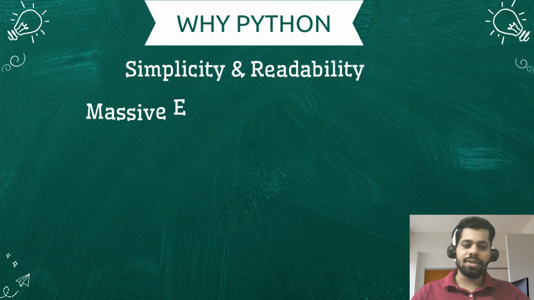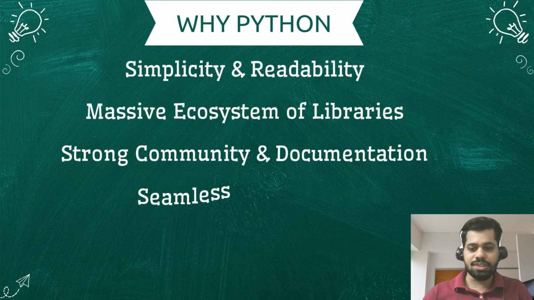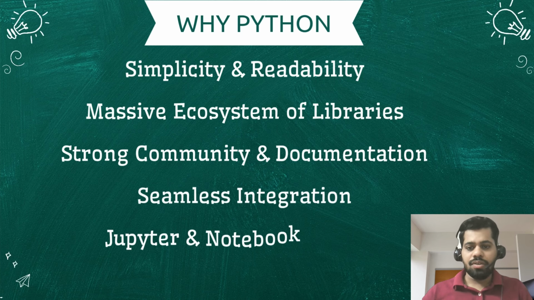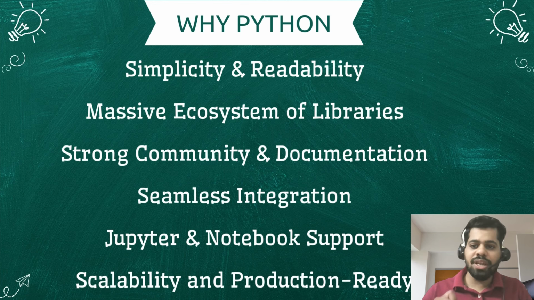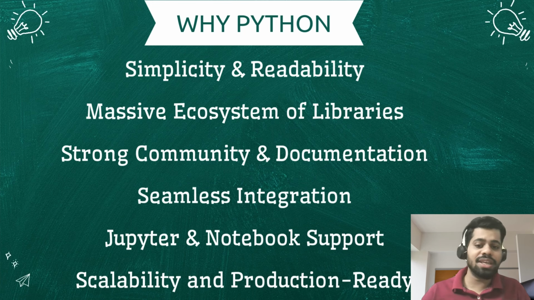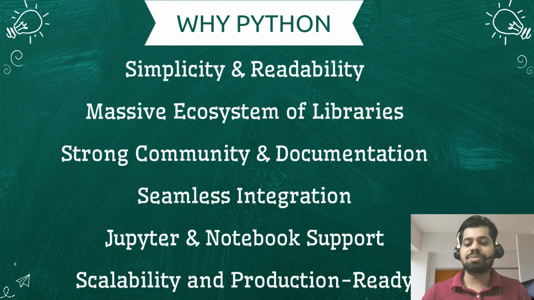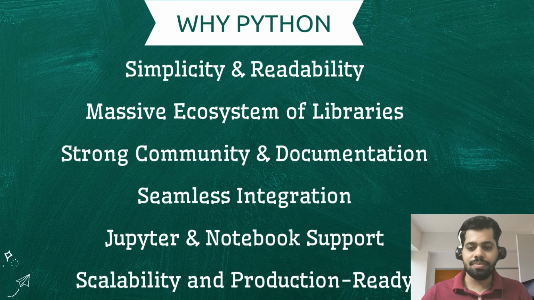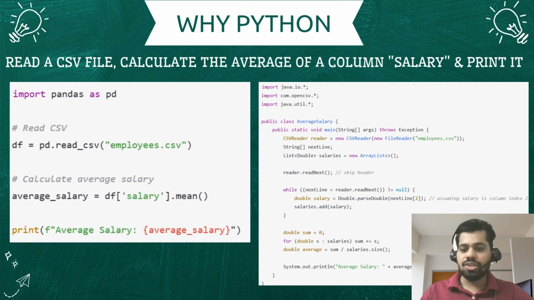So why Python? There are a lot of advantages of Python over other programming languages, but a few are the most essential. First, Python has very simple syntax and is very easy to read. And the most important is its massive ecosystem of libraries. For example, if you see here, the problem statement is reading a CSV file, calculating the average of a column called salary, and printing it.